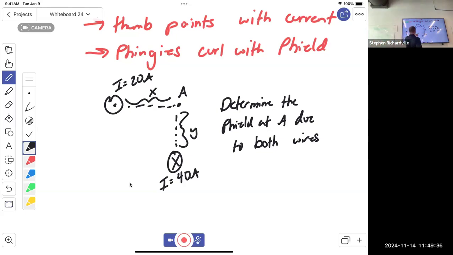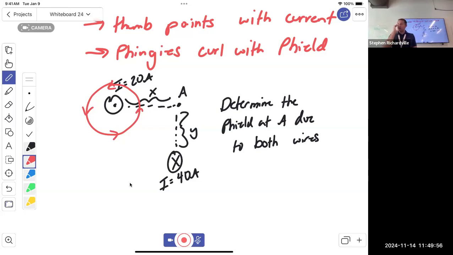If the wire is coming towards me, the field's either moving around counterclockwise or clockwise. My left hand's in the pocket, thumb out of the page, my field is moving counterclockwise. So for the 20, the field's moving around it like this.